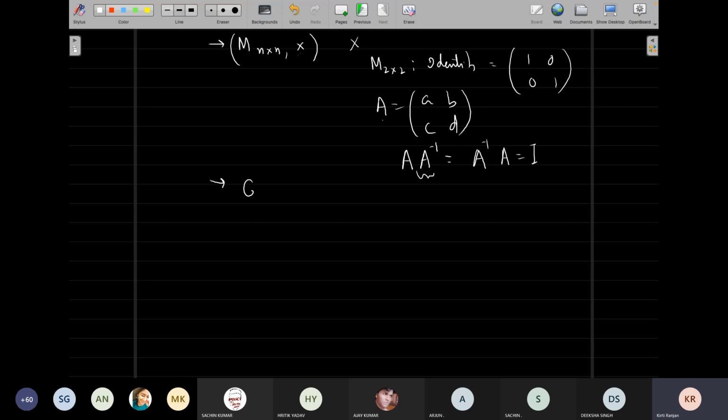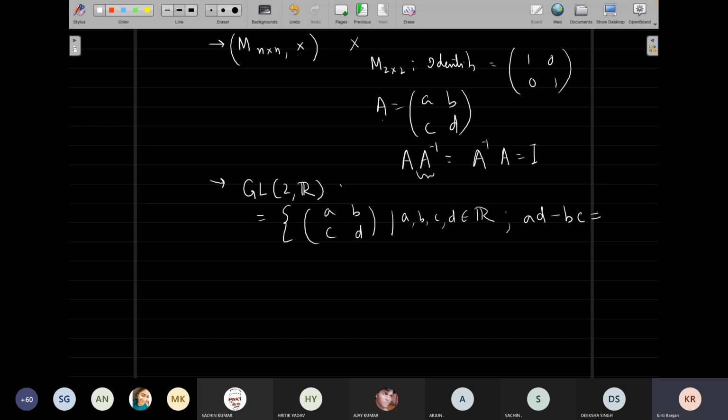However, there exists something. At this point of time, I will write down something in an interesting way and then mention what I have written. So let's consider a group of matrices A, B, C, D, where each of these elements A, B, C, D is a real number such that AD minus BC is not equal to 0.